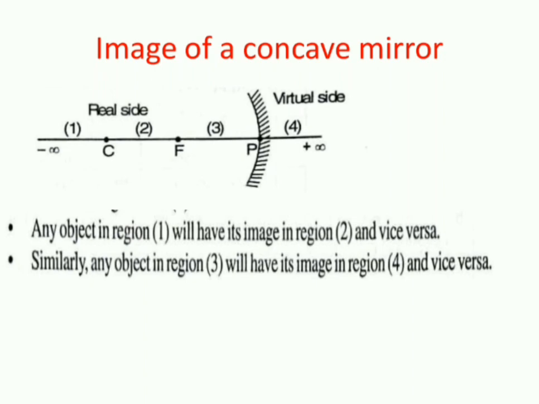As long as objects and images are in region 1 and 2, they are real images and real objects. Similarly, if an object is in region 3, the image will be in region 4 and vice versa. If I keep the object at a distance less than the focus, we know the image will be formed behind the mirror, which is a virtual image. So remember this condition for plotting the graphs.